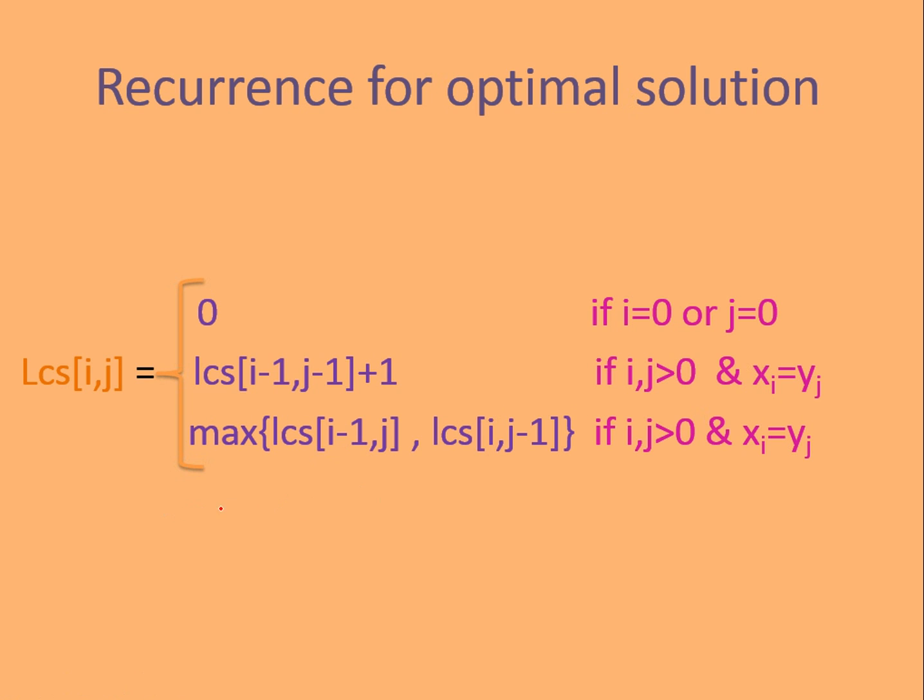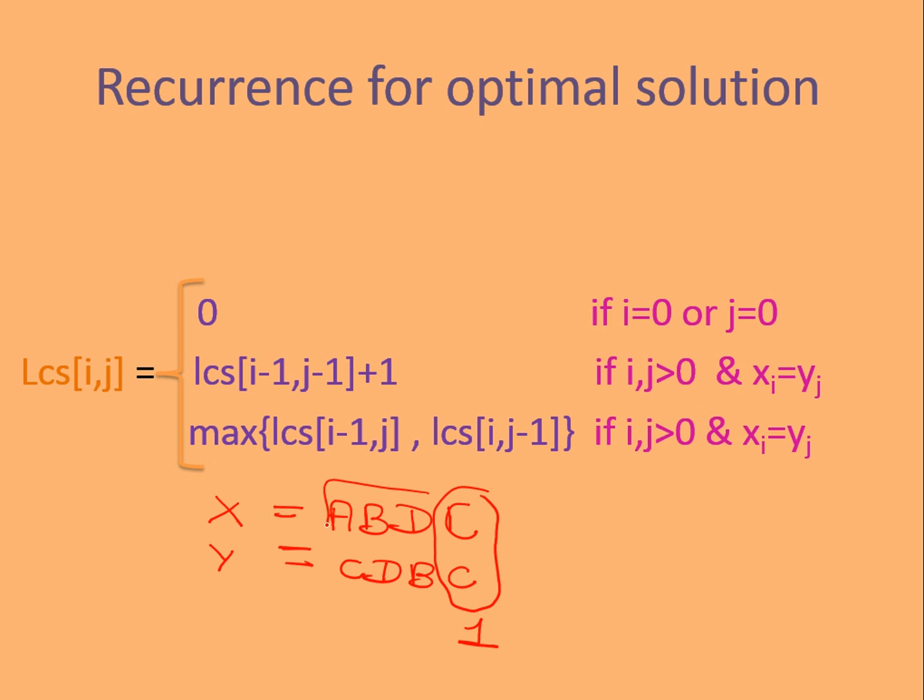Suppose you need to find LCS of X and Y, and we'll choose X and Y the same as we have chosen before, X is equal to A, B, D, C, and Y is equal to C, D, B, C. Now here the last two characters are exactly the same, thus they will be in LCS and they'll increase the length of LCS by 1.